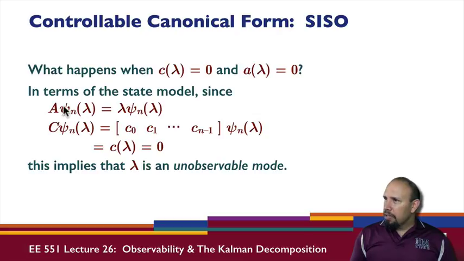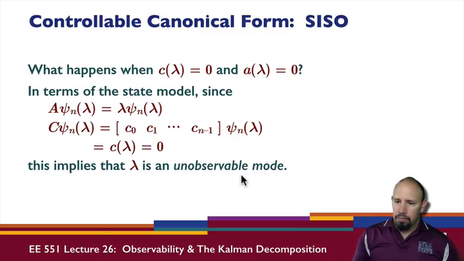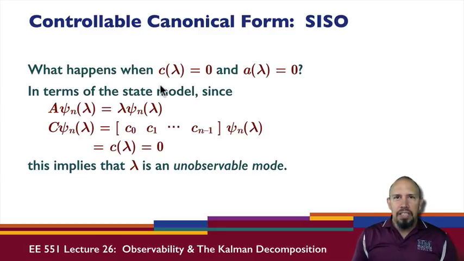So A times this vector is equal to lambda times this vector, and C times this vector is equal to 0. This implies that you have an unobservable mode. Okay, so remember, the system is controllable, but here we've seen that it is not observable. So we have an unobservable mode. So we have been able to examine the system and see how a pole-zero cancellation corresponds to an unobservable mode.